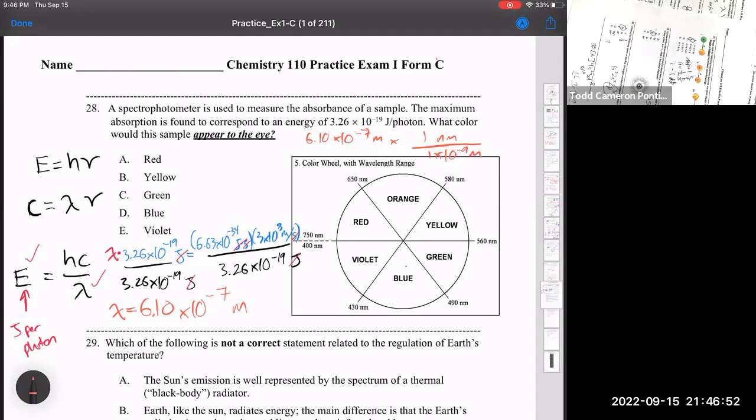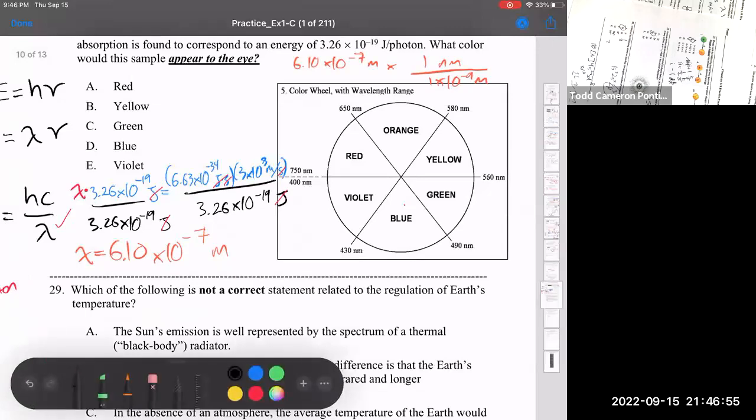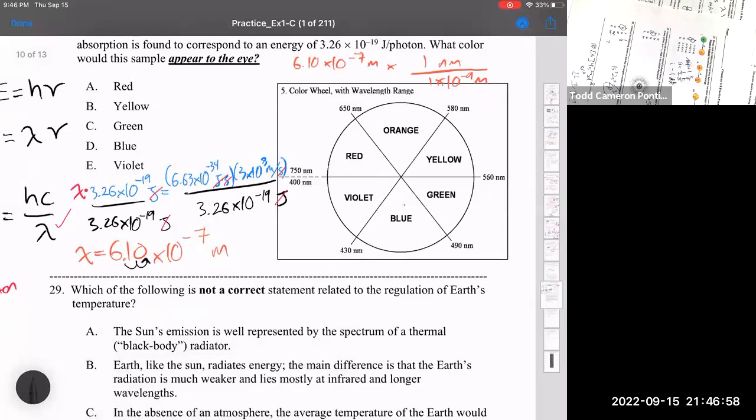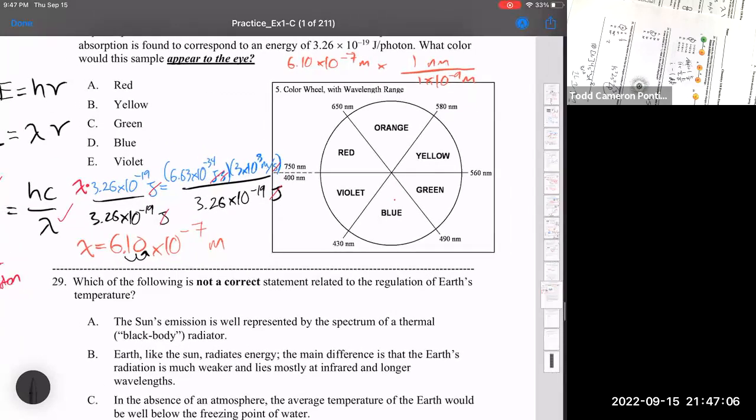The other way that you can go about doing this is if you move this decimal over 2, it equals 610 times 10 to the negative 9th meters. Times 10 to the negative 9th means nano. So there's a few right ways you can go about doing this. The other thing that I do want to point out, the visible spectrum is always on the order of hundreds of nanometers.